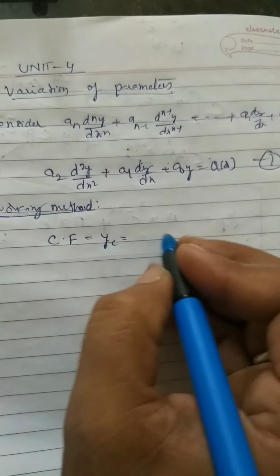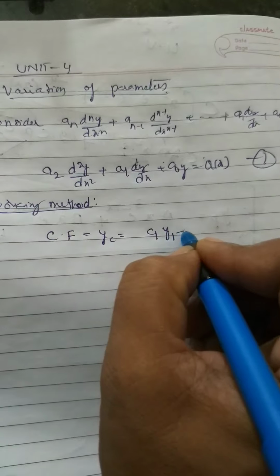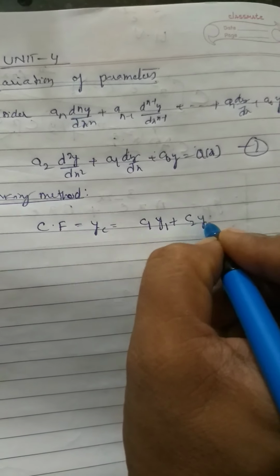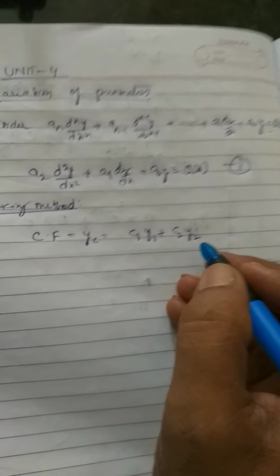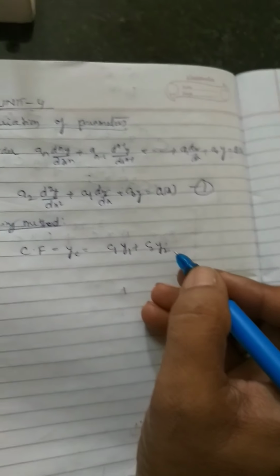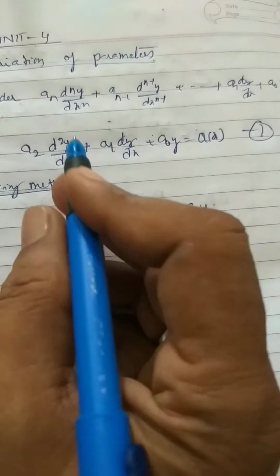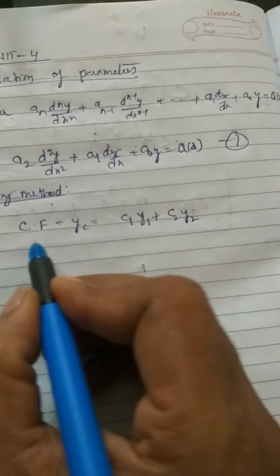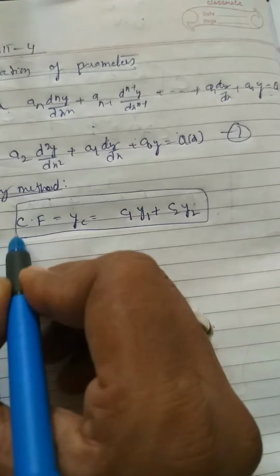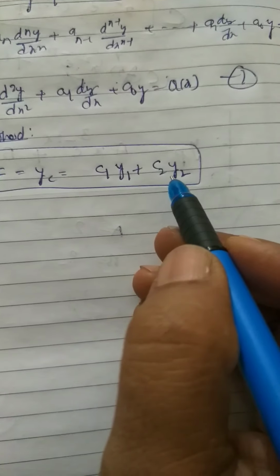Let the complementary function yc be equal to c1 y1 plus c2 y2. These y1 and y2 are independent solutions, that means independent roots of the auxiliary equation. Let yc be the complementary function of the given differential equation.